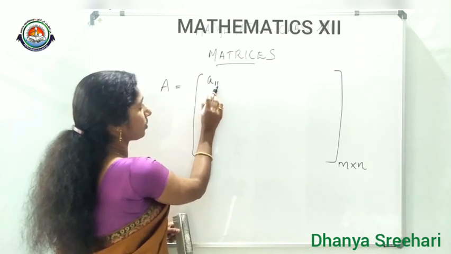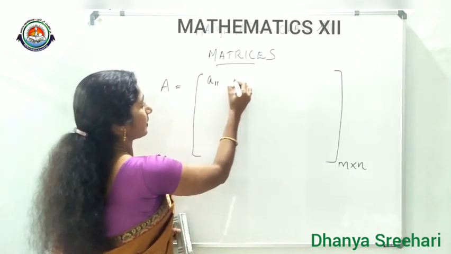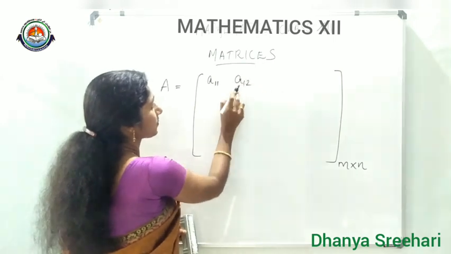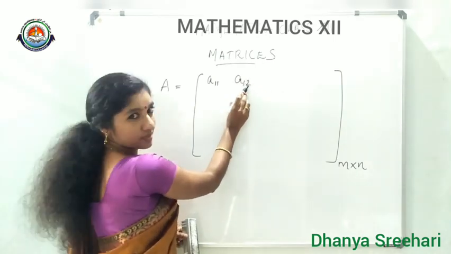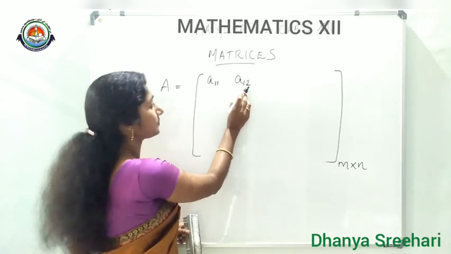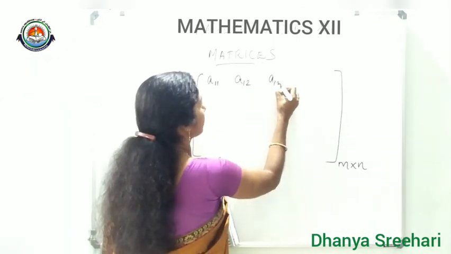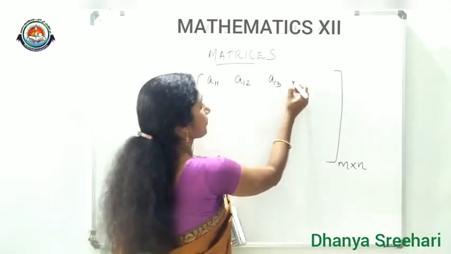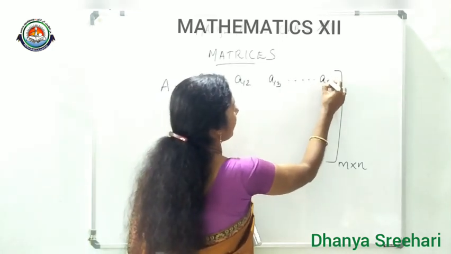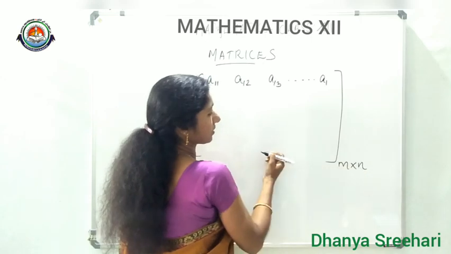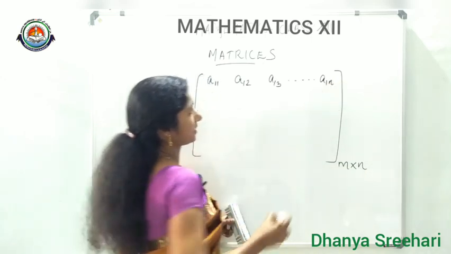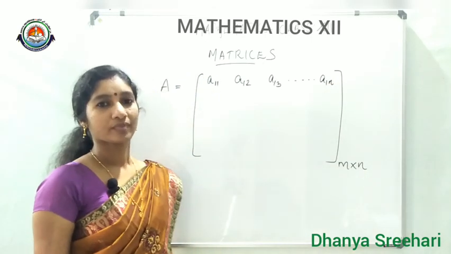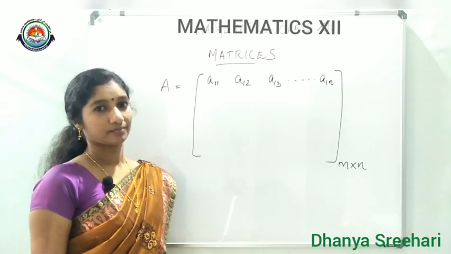A11: row, column. A12, first row and second column. So first row, second element. A13, first row, third column. Okay, etc. How many columns are there in total? N columns are there. So first row, nth column.